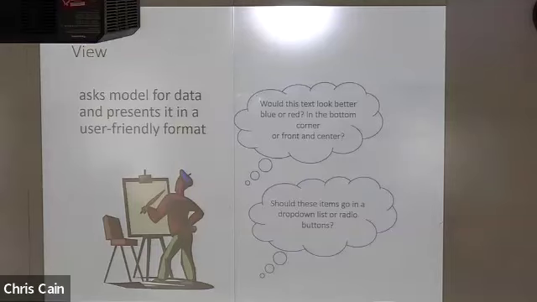So the view is responsible for things like text color, placement of all text, placement of data, whether we have a drop-down list, radio buttons, anything of the sort that has to do with how that data is displayed, that is the view's responsibility.